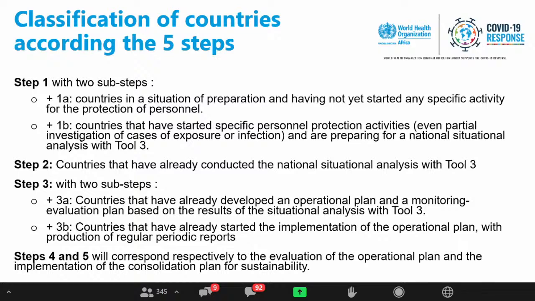And steps 4 and 5 will correspond respectively to the evaluation of the operational plan using tool 3 and the implementation of the consolidated plan for sustainability.